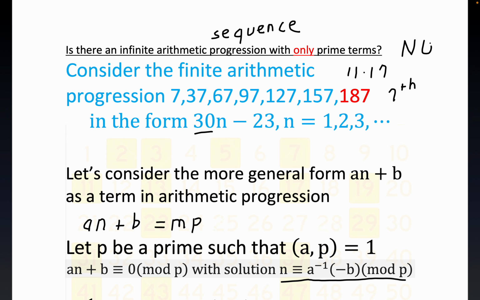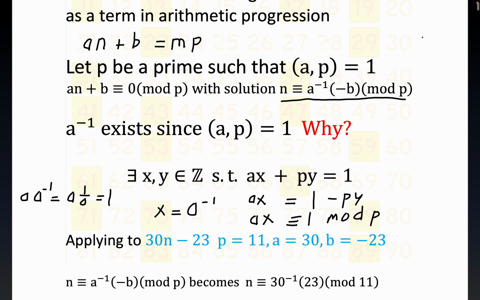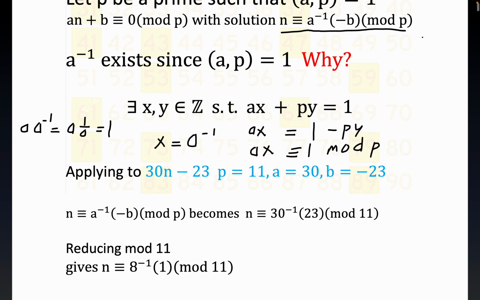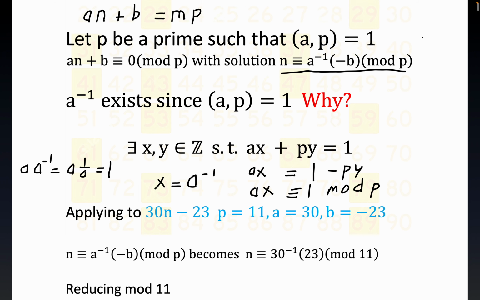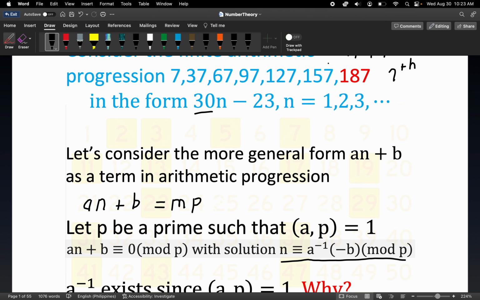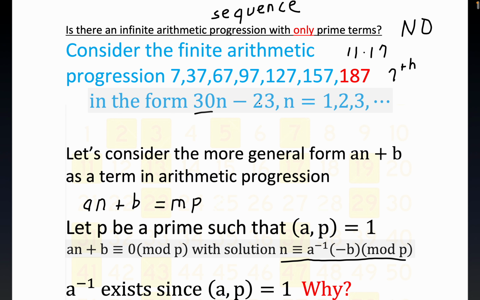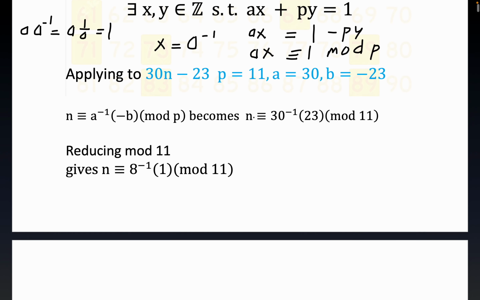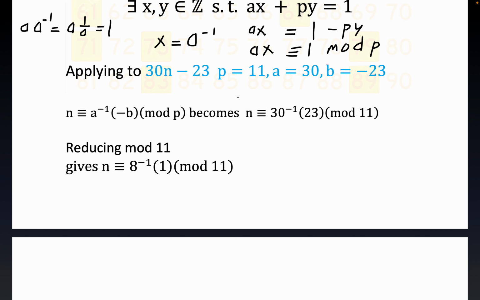Now let's do a concrete example. This is just the one we just worked, folks: 30n minus 23, the one that was the example up here. Seeing is believing, right? So what we can do is just use the result we just established. Notice here, we reduce mod 11. 23 is equal to 2 times 11 plus 1, that's where this 1 comes from.